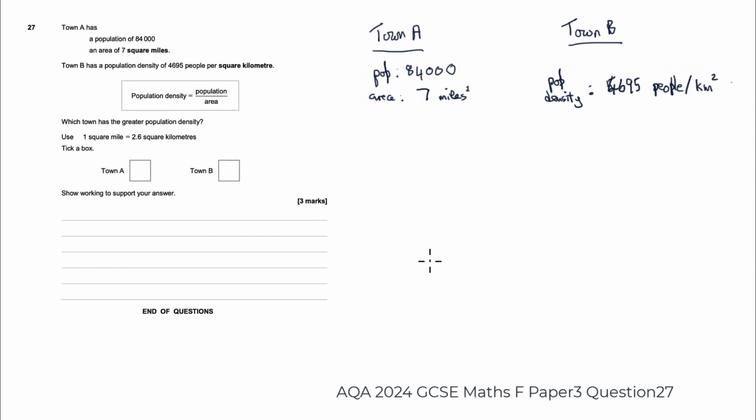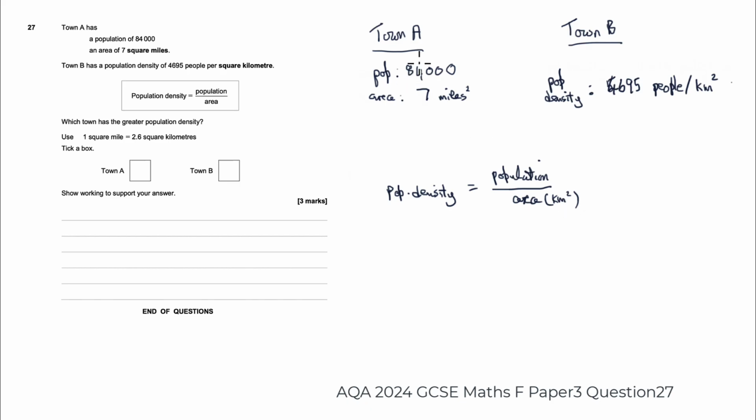So what is the population density? Well, there is a formula here that the population density is given by the total population divided by the area. And the figure we're given for town B, remember the area was in square kilometres. We're asked which town has the greatest population density.